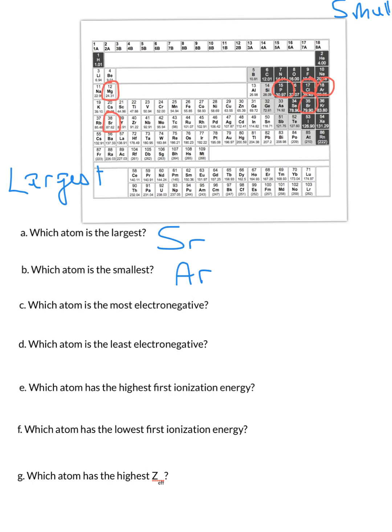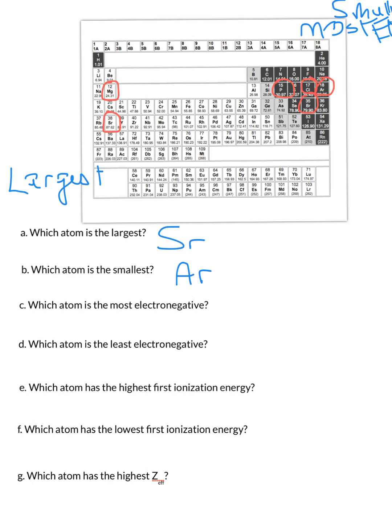Which atom is the most electronegative? This is going to also be at the upper right, so I'll write most electronegative here. But here we have to be careful because noble gases are not going to be electronegative and want to get an electron.